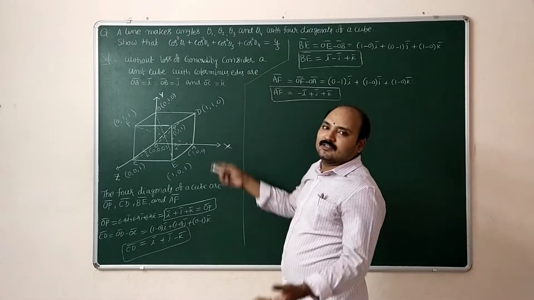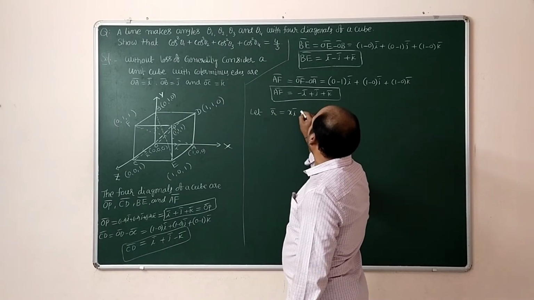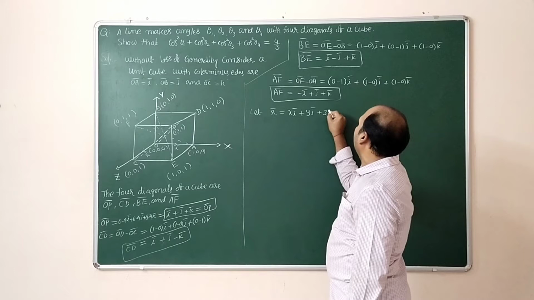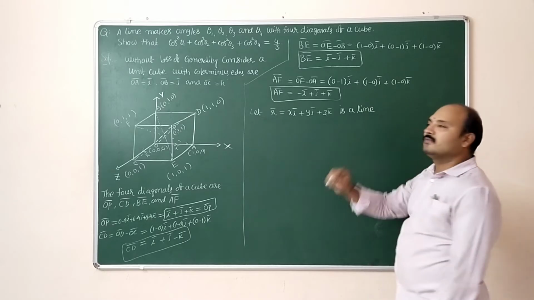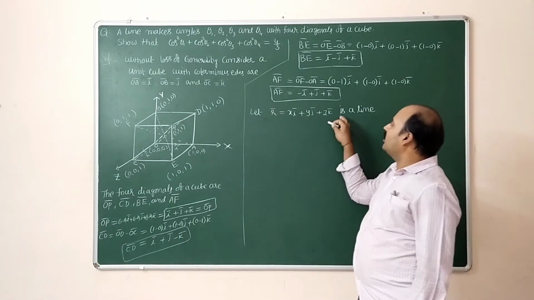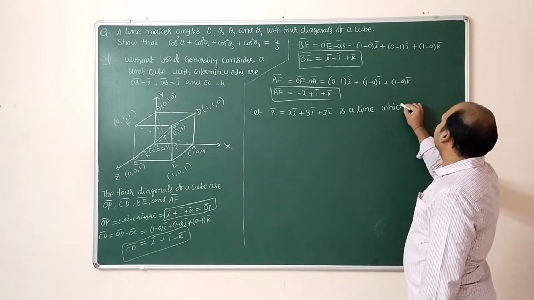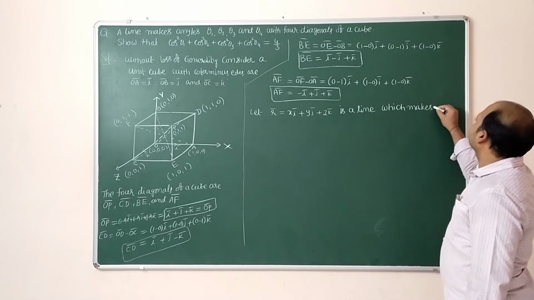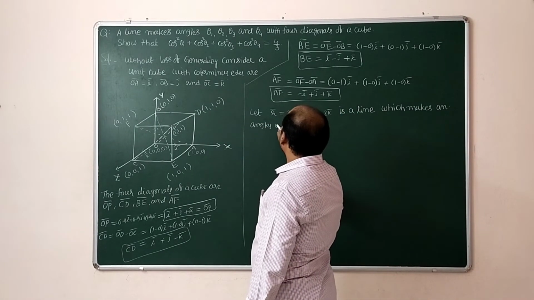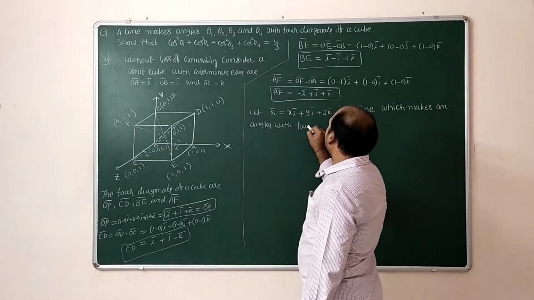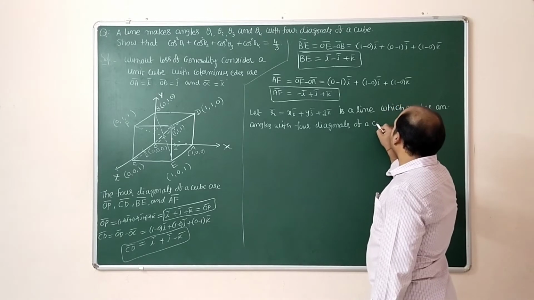After that, a line makes that line vector also. Let R bar equal to xi bar plus yj bar plus zk bar be a line which makes angles with the 4 diagonals of a cube.